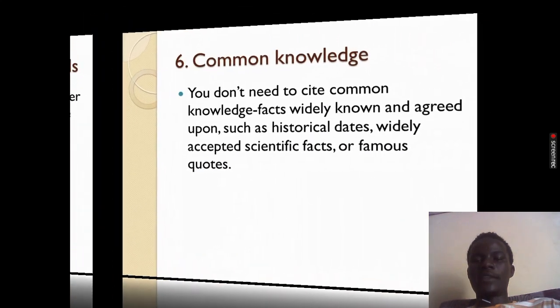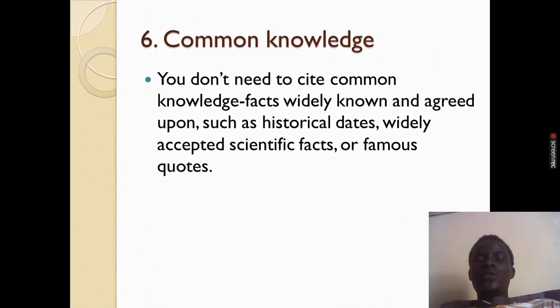Then we'll go ahead to common knowledge, using common knowledge to avoid plagiarism. You don't need to cite common knowledge, facts widely known and agreed upon, such as historical dates, widely accepted scientific facts, and famous quotes.